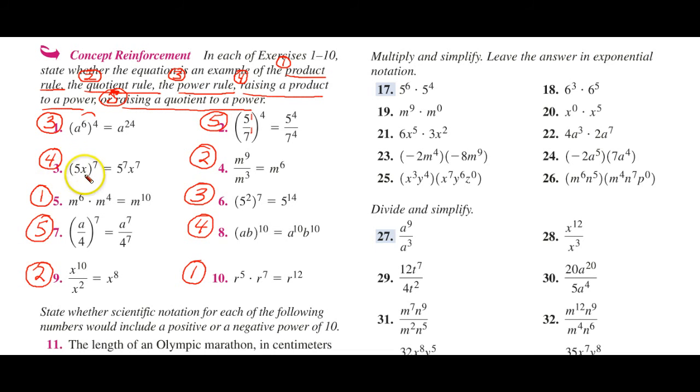In number 3, now notice this is a product here, 5 times x. So number 4, raising a product to a power.